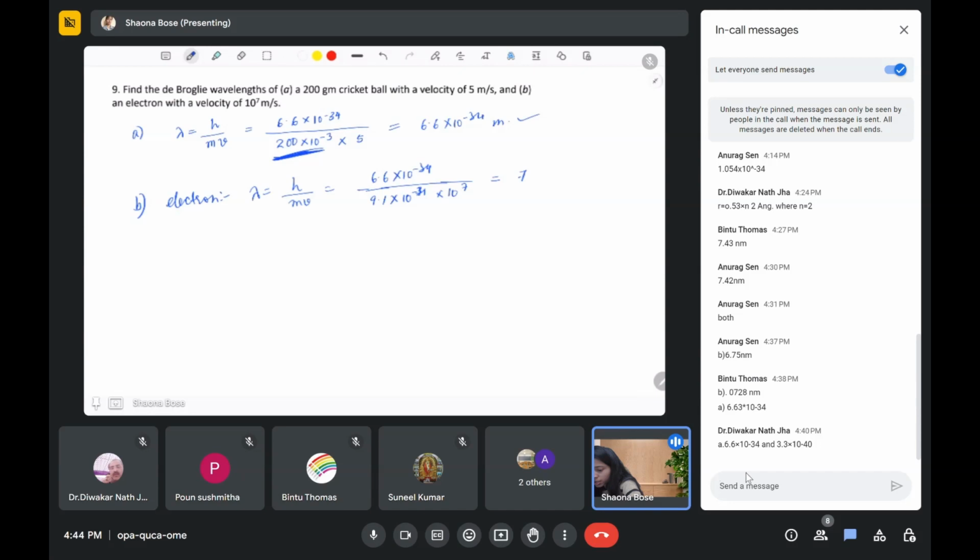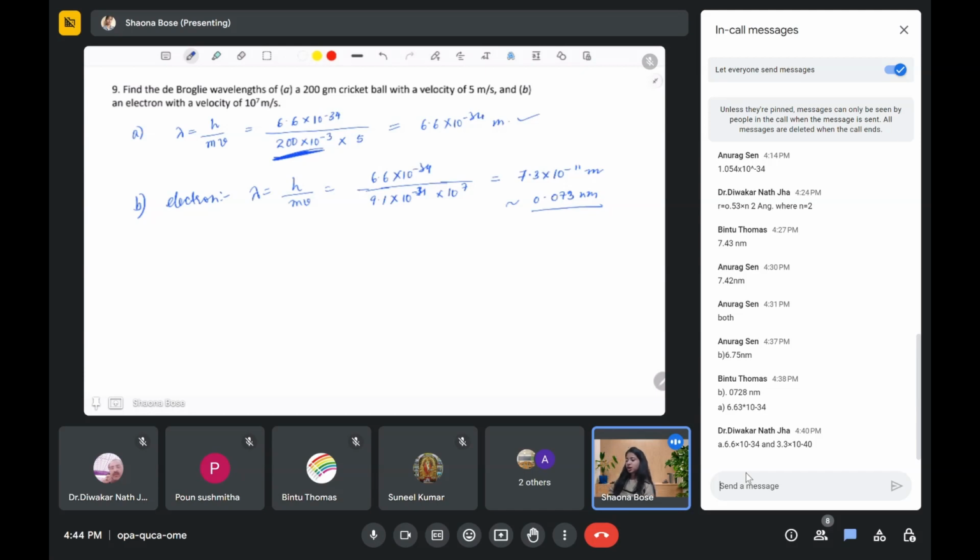So what I have here is 7.3 into 10 raised to the power minus 11, which is better to write in nanometer form, 0.073 nanometers.